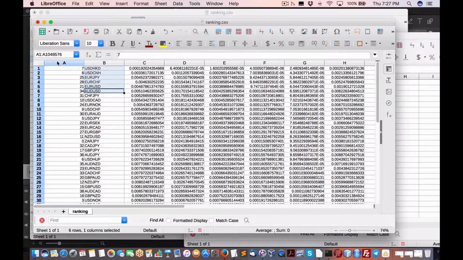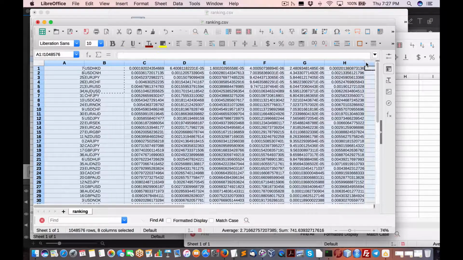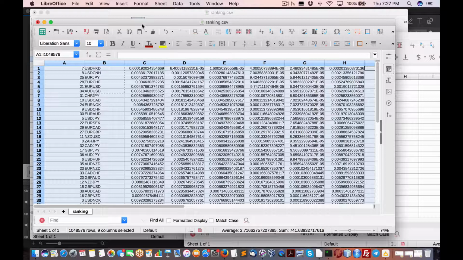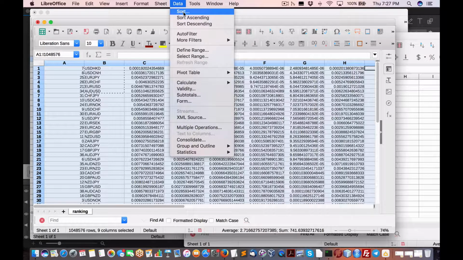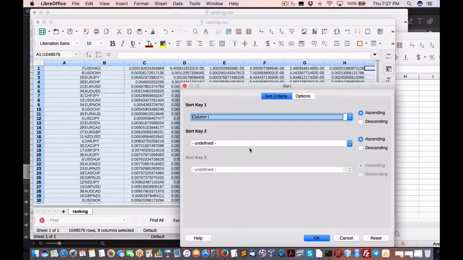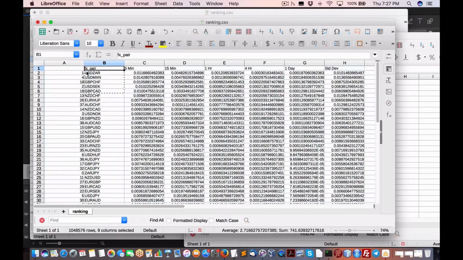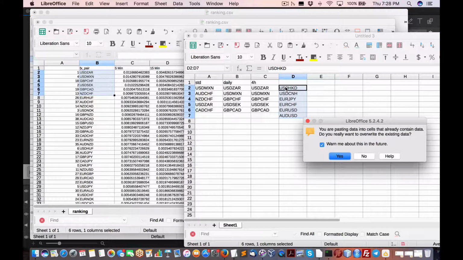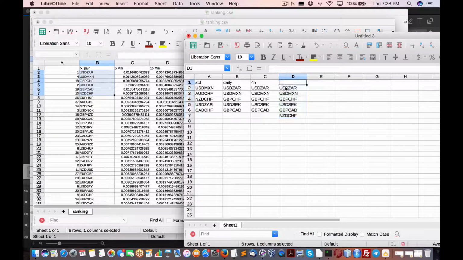I think I messed up. Okay. So we are going to sort by column E. We want it descending. Okay, there we go. That's what we were wanting. So that's column E. 2, 3, 4, 5, doesn't matter. Okay, so that's 1 hour.